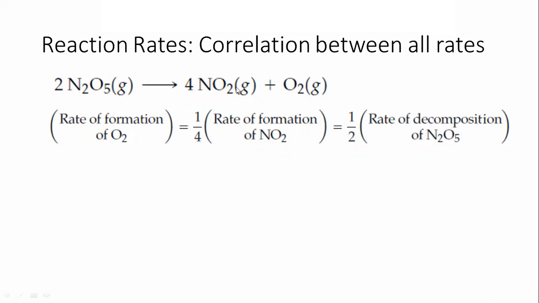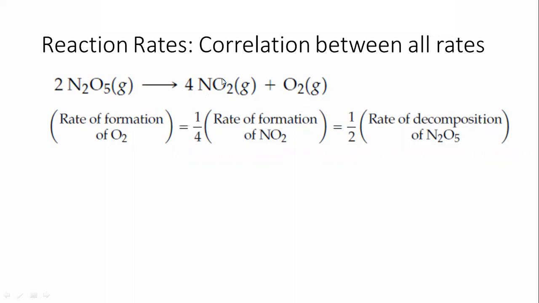We have already discussed this one. If you consider this reaction, 2 moles of dinitrogen pentoxide decompose with the passage of time and form 4 moles of nitrogen dioxide and 1 mole of oxygen. Here the rate is the speed of the reaction. We consider the speed of the reaction to compare with the oxygen.